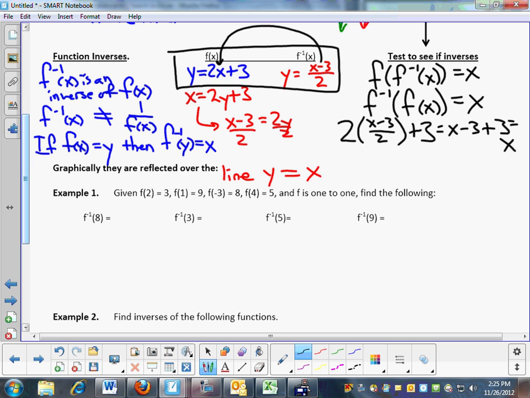Let's test it another way. Okay? Now we have to do f inverse of f of x. So what I need to do now is take this f of x and plug it into here. If I do that, I get 2x plus 3 minus 3 all over 2.